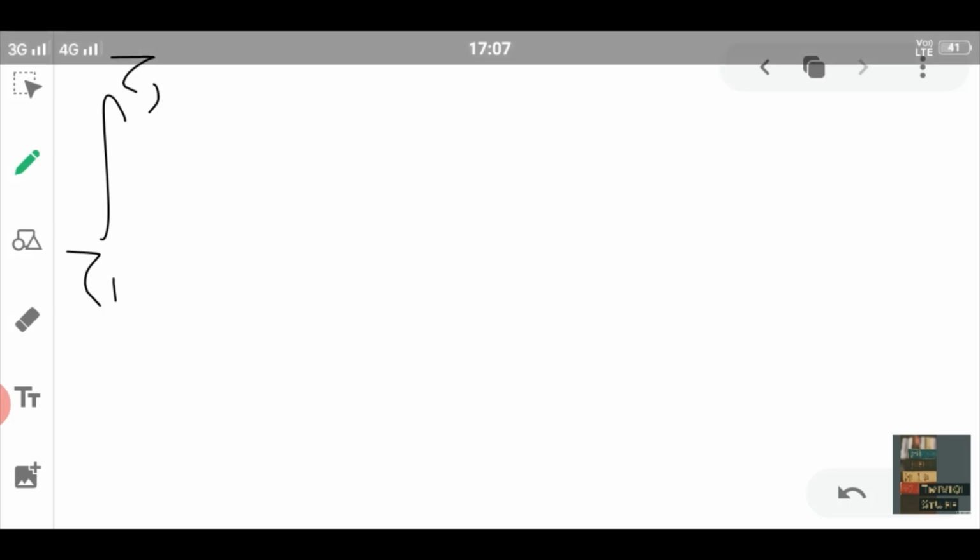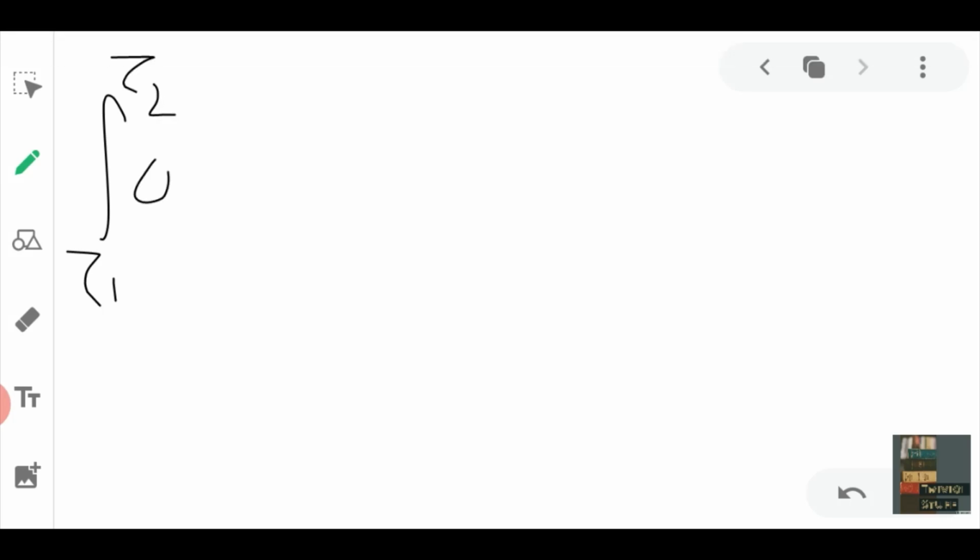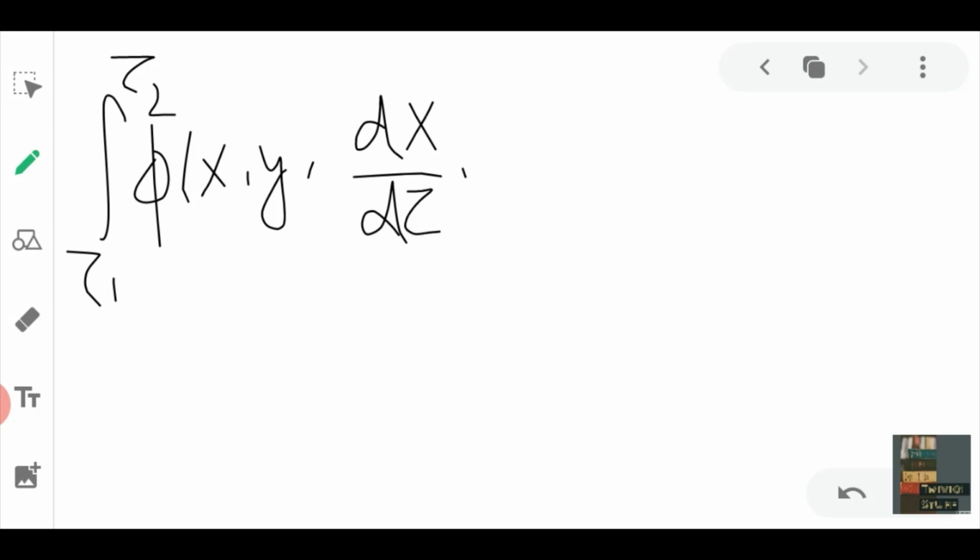In fact, the integration with limits tau 1 to tau 2 of phi of x comma y, dx over d tau, dy over d tau. So this is looking horrible.